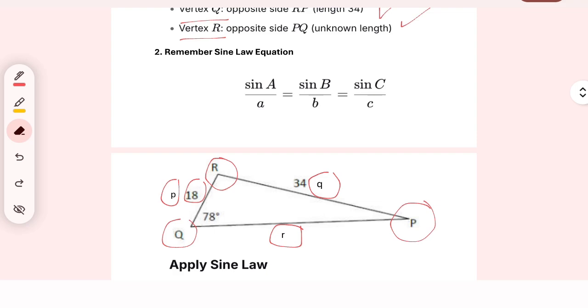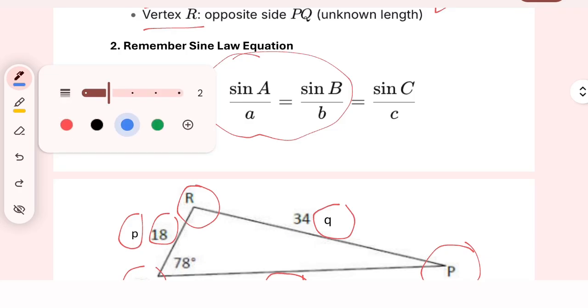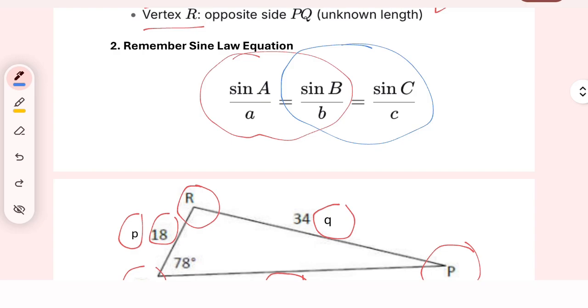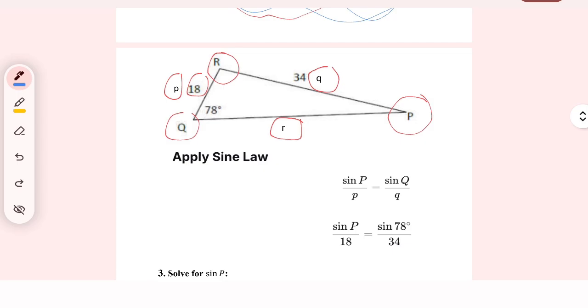You can pair this and this, that's one pair, or you can pair this and this, or this and this. Depending on what is given in the problem, you just pick two out of three. Now, from our given, we will be using this.